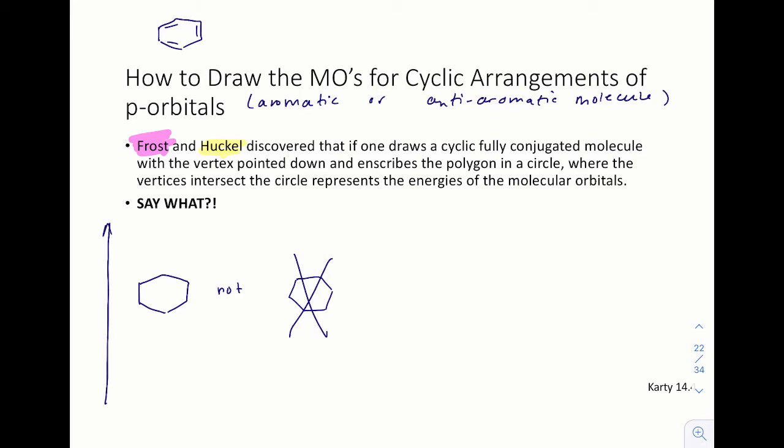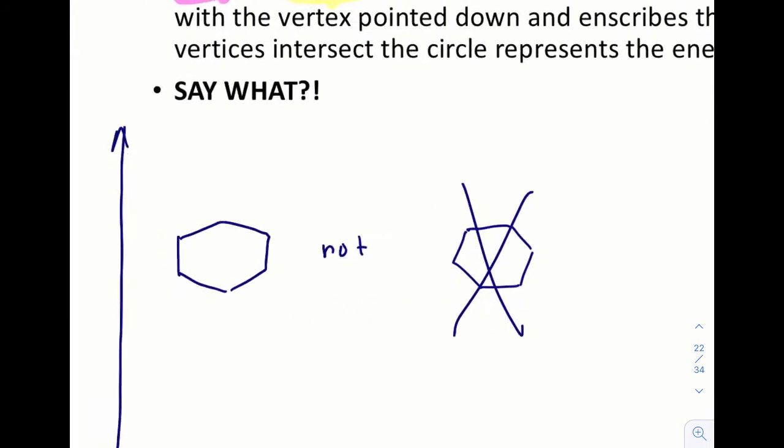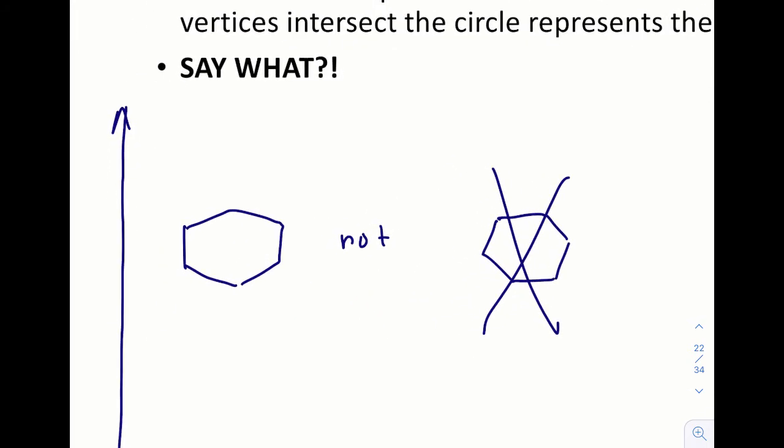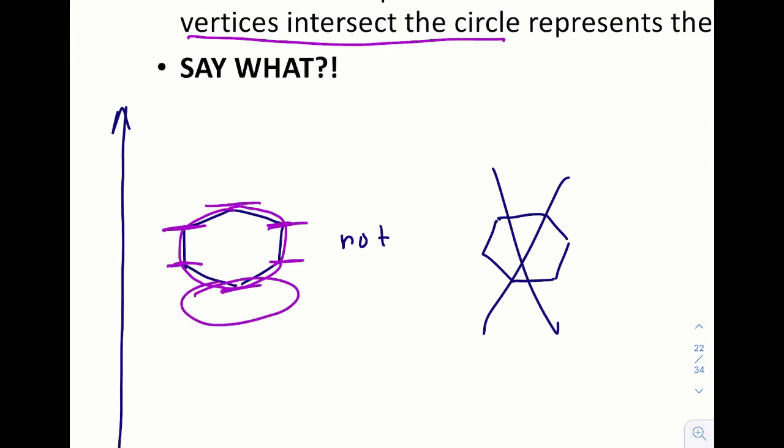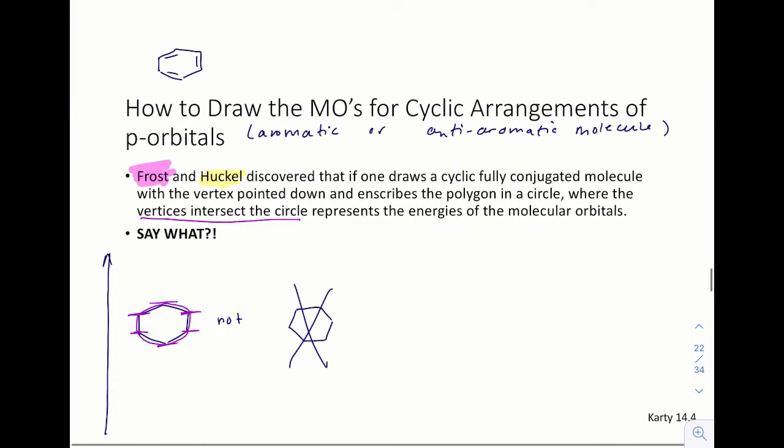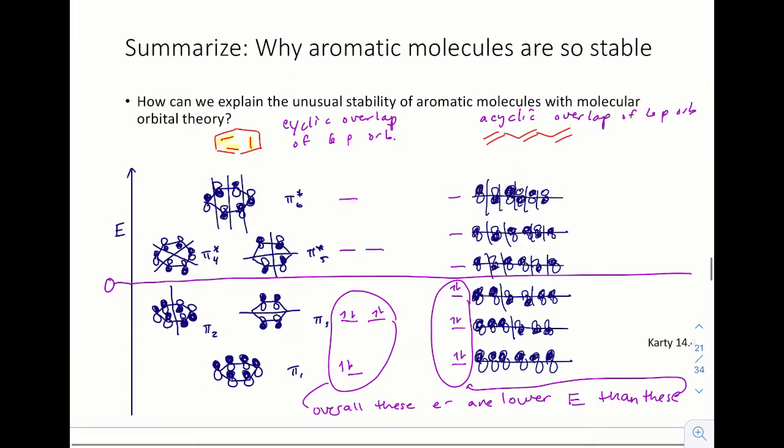Now we're inscribing the polygon in a circle, meaning drawing a circle around it. Where the vertices intersect the circle represent the relative energies of the orbitals. Oh, we have one lowest energy orbital, and then two degenerate orbitals, two more degenerate orbitals, and then one highest energy orbital. That does look familiar. That does look like what Huckel discovered here.